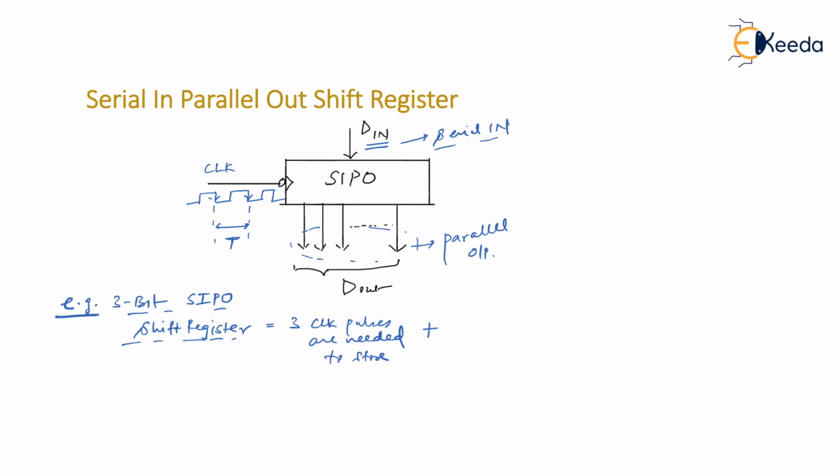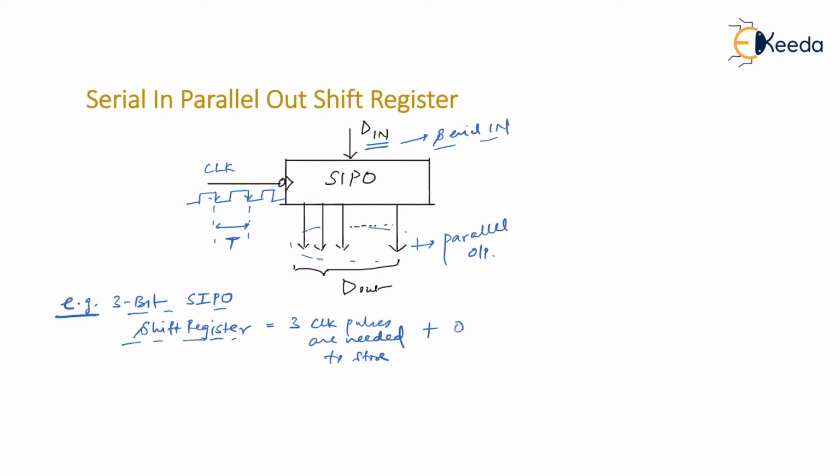Now the moment the 3 clock pulses are over, the 3 bits are already stored inside the shift register. At the same time, they are available on their respective pins, meaning that to retrieve that data, you don't require an extra clock pulse. You require 0 clock pulses to retrieve the data back. Within 3 clock pulses only, it gets stored and it gets retrieved.